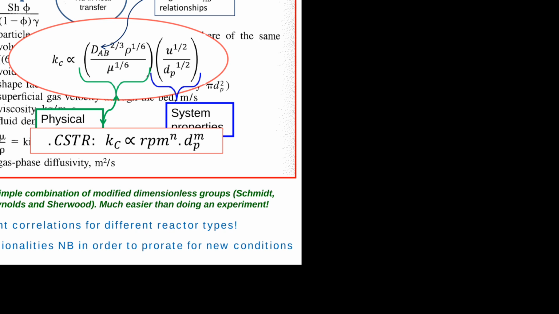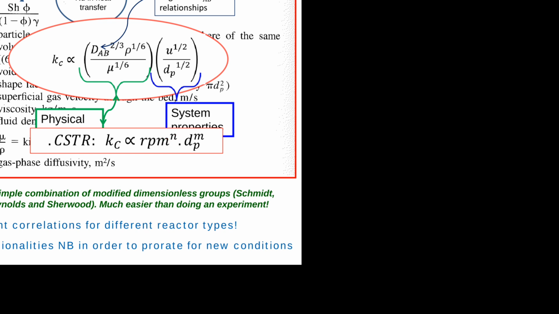All that we can subsequently say about this flux rate constant, this per area of my external area of my catalyst rate constant in a CSTR and a batch reactor, is that it is directly proportional to the stirrer speed, but to some unknown factor n.